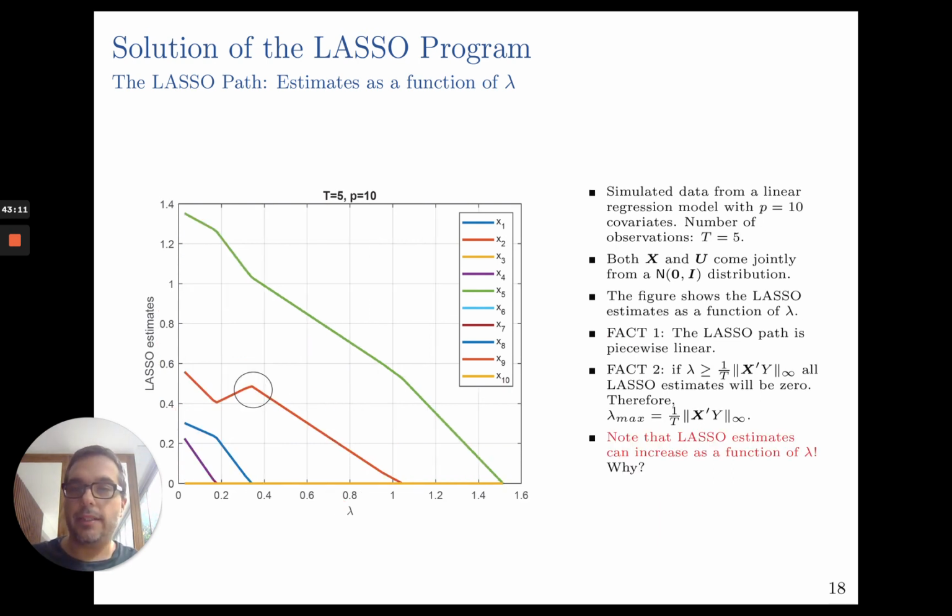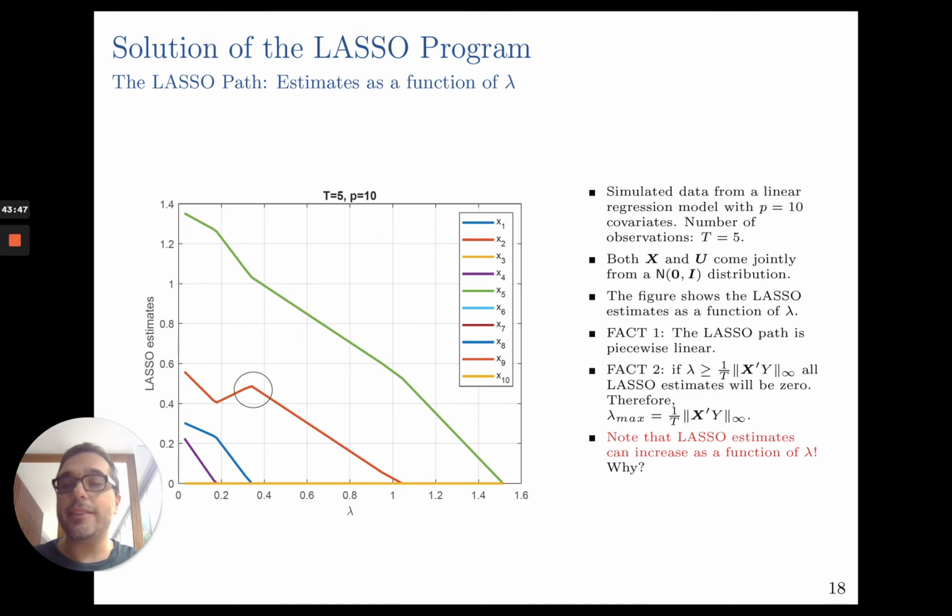This is the same sort of picture, but now we have only 5 observations and 10 coefficients, and what you see is that lasso sets a bunch of them to 0. Most of them are 0 from the beginning. So you see that you have 1, 2, 3, 4 non-zero coefficients, and it goes piecewise linearly to 0.